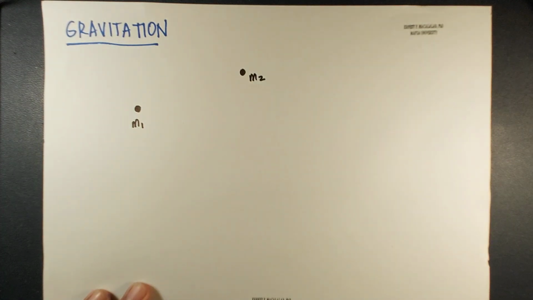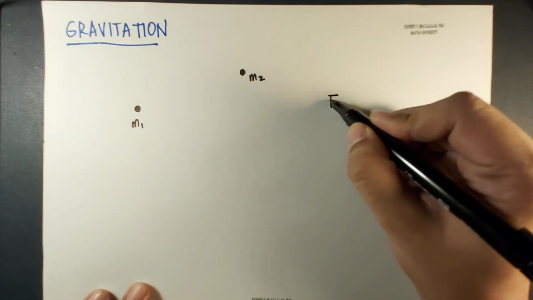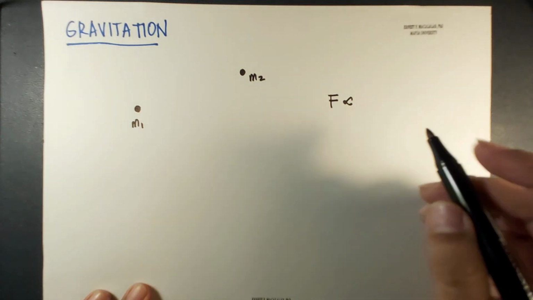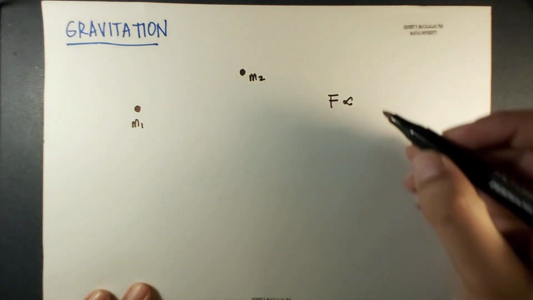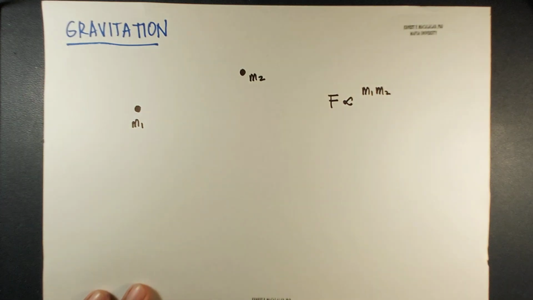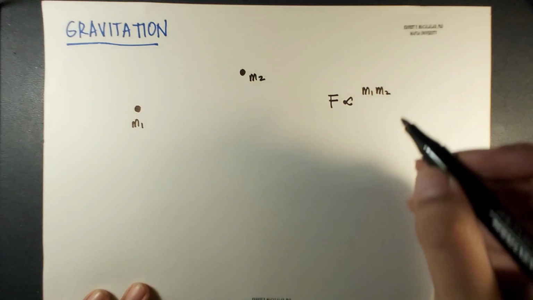Okay, so the law of universal gravitation, as stated by Sir Isaac Newton, states that every particle in the universe attracts every other particle with a force whose magnitude is proportional to the product of the masses of the two particles, in this case m1 and m2. And it is also inversely proportional to the square of the distance between them.